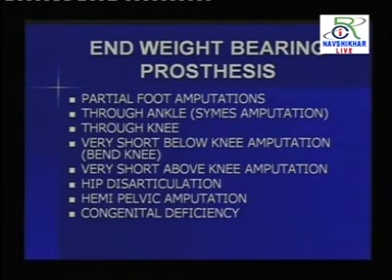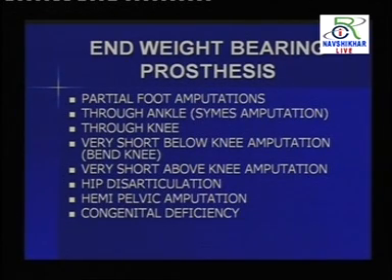So there are different types of amputations for the end weight bearing prosthesis, like partial foot amputations. There are different levels of the amputation. We have discussed it, the partial foot amputation, which includes the SAMS, and the through ankle amputation. So that is the through ankle amputation, meaning SAMS amputation.